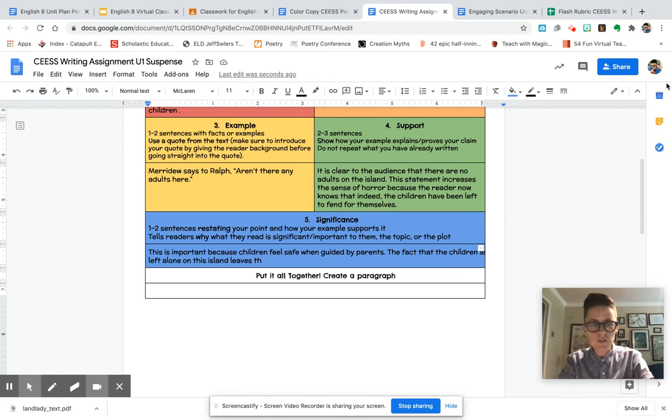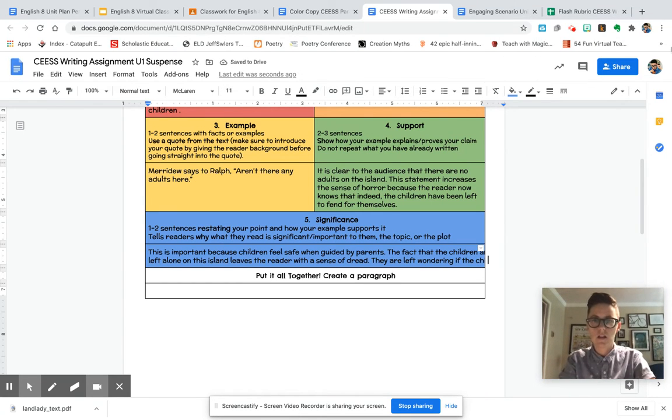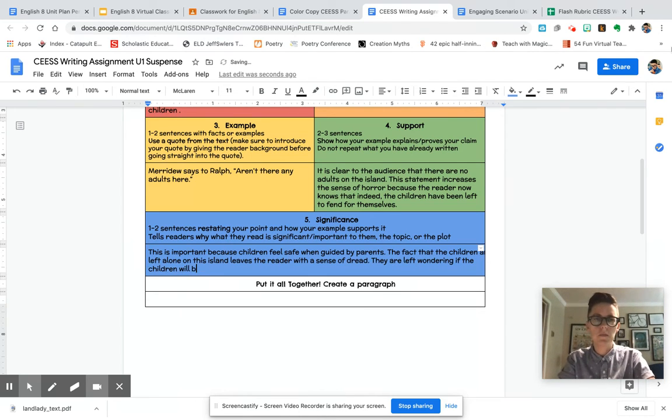The fact that children are left alone on this island leaves the reader with a sense of dread. They are left wondering if the children will be able to survive without adult guidance.